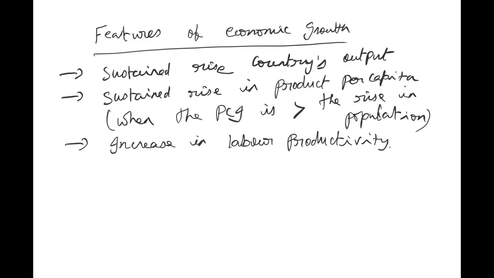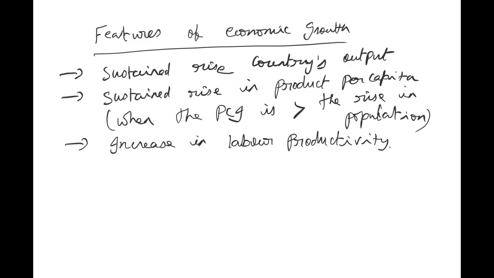So if the population of the country keeps on increasing, then there is no effect. The per capita income will not increase, the per capita income will start decreasing. So instead of increasing the labor force continuously, instead of increasing the population continuously, the output produced by the available labor force should keep on increasing. So if that happens, then the productivity of the labor will increase.